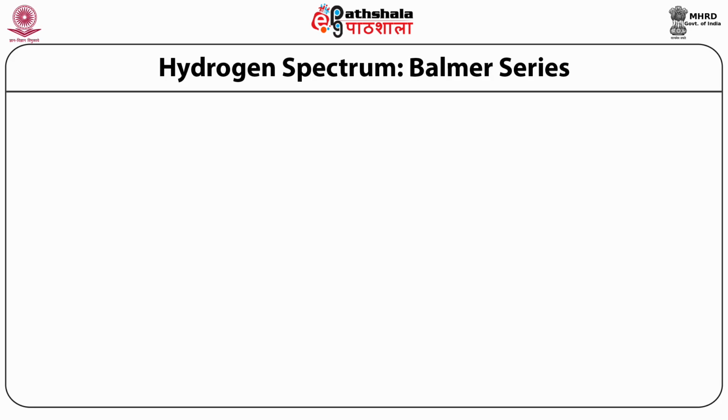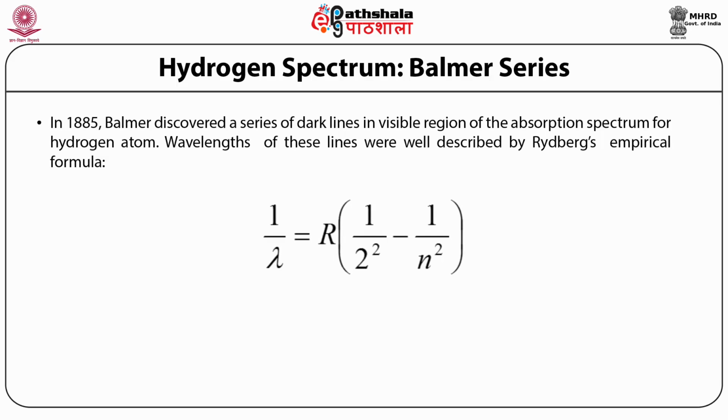So now we come to the hydrogen spectrum, and the spectrum which is observed in the visible region is called the Balmer series, and it was observed way back in 1885. It was observed by Balmer, who was a school teacher in Switzerland.